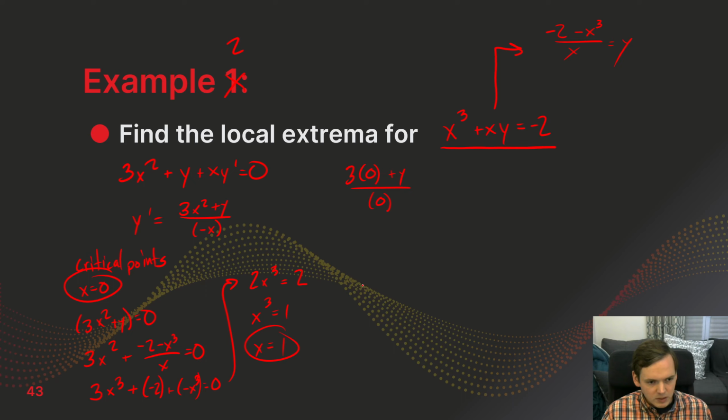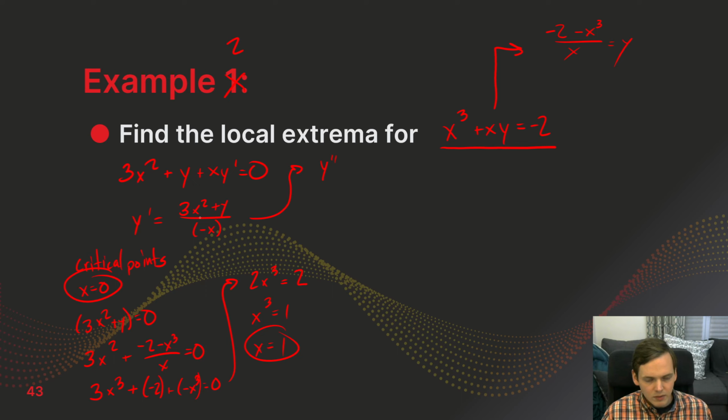That's not going to help us, is it? No. Because we said that's where the derivative is undefined. We need to do the second derivative test. So let's take the second derivative. That's why it wasn't working like I thought it should.